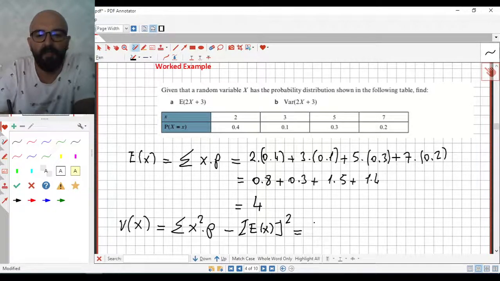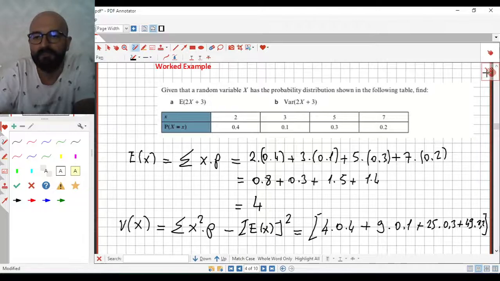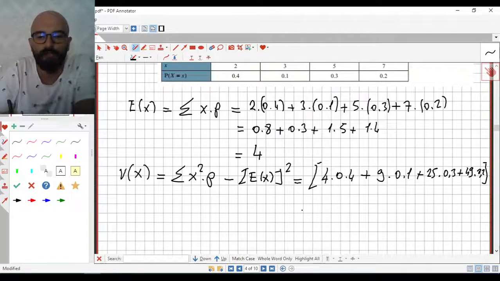So 2 square multiply 0.4 plus 3 square multiply 0.1 plus 5 square multiply 0.3 plus 7 square multiply 0.2, minus the expected value squared, 4 square.